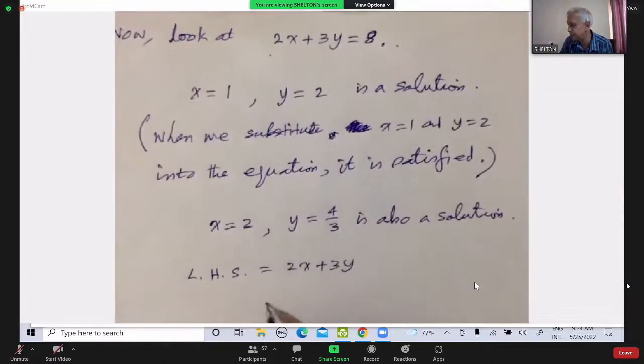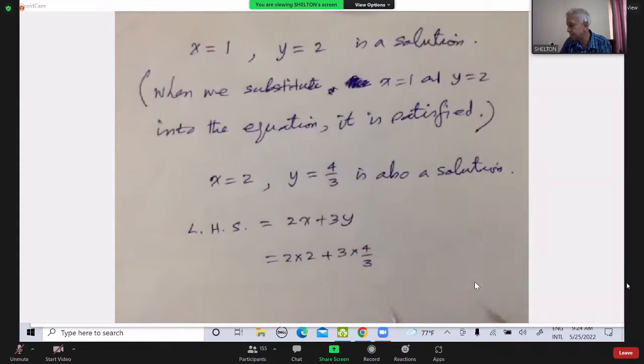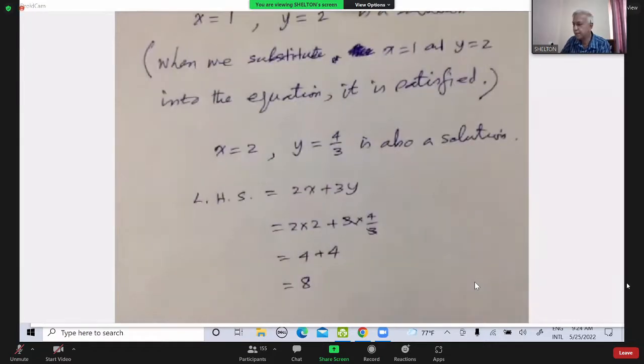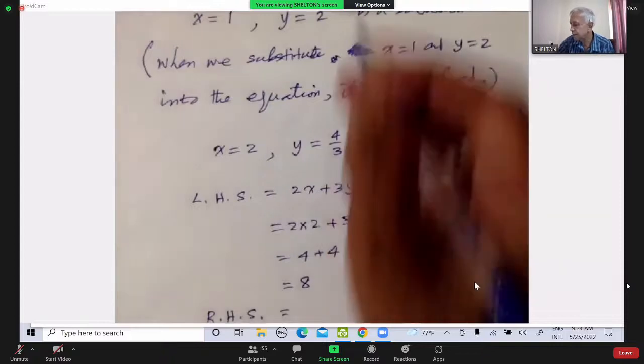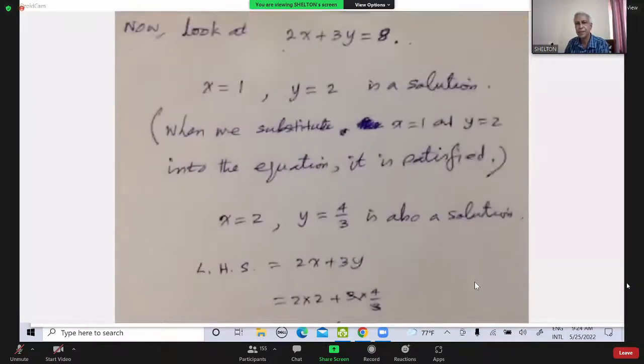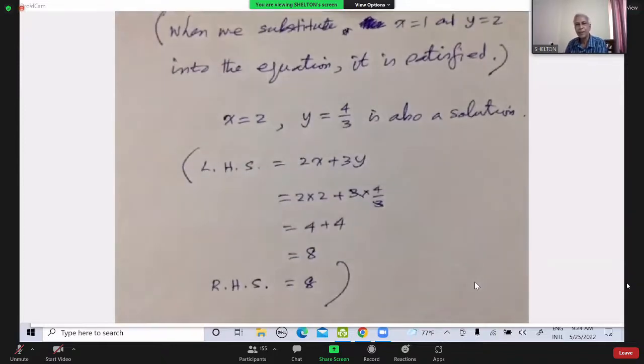Substitute these values: 2 times 2 plus 3 times 4 over 3. 3 and 3 cancel. 4 plus 4, which is equal to 8. That is equal to the right-hand side, also 8, given in the equation. Therefore, this is also a solution.